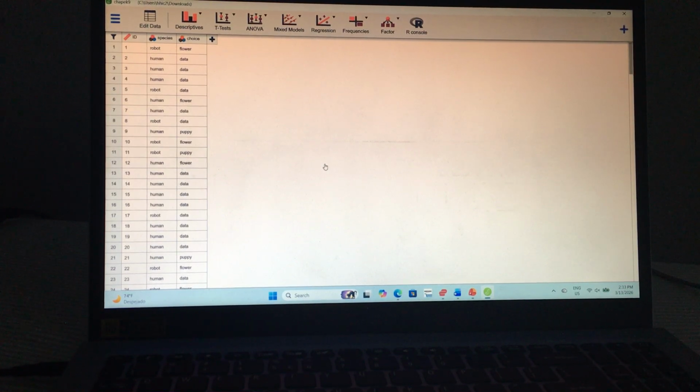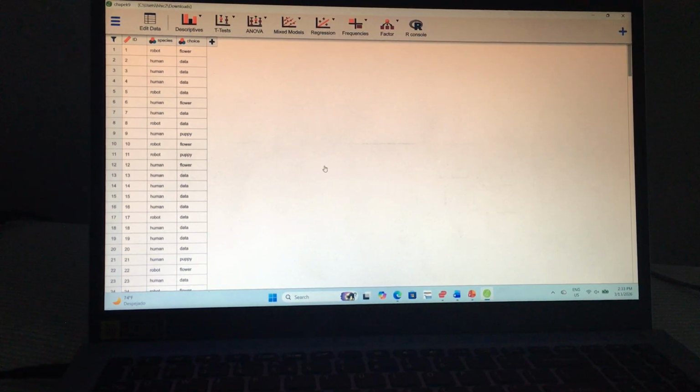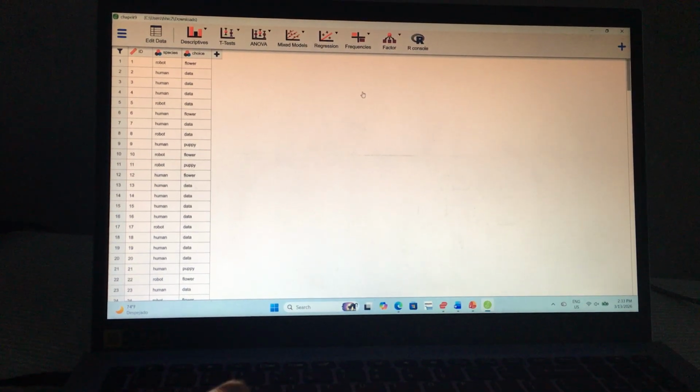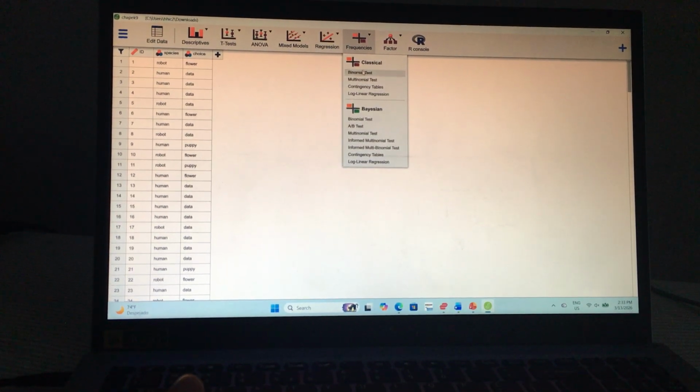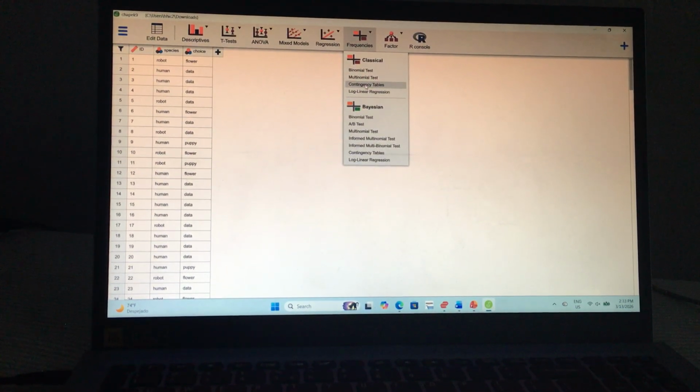All right, so here we go. We opened up the Chapek 9 data file in JASP, and then we're going to follow these steps. We're going to select Frequencies, go to Classical, and select Contingency Tables.